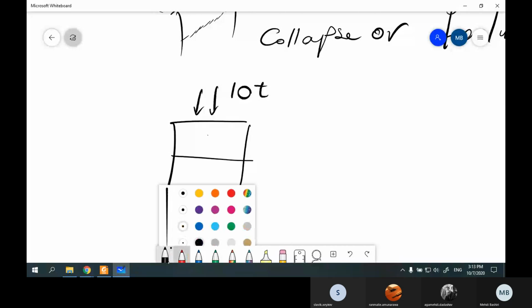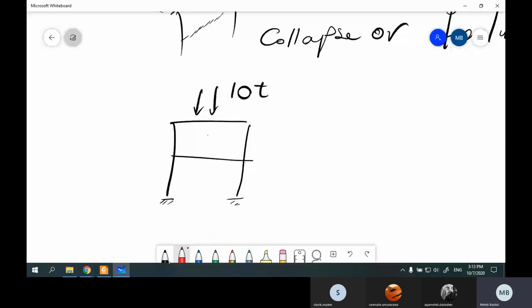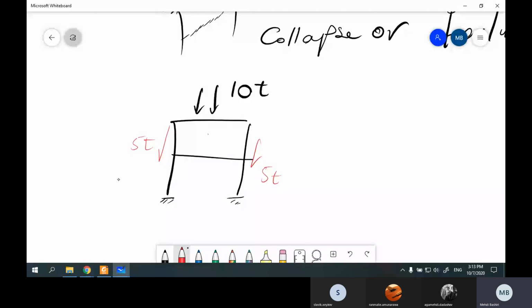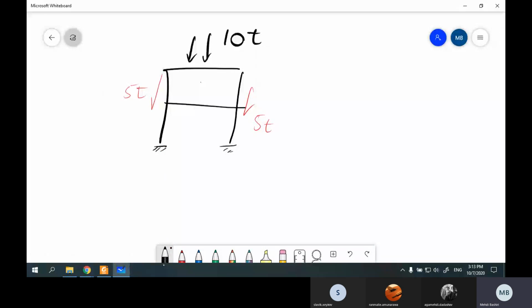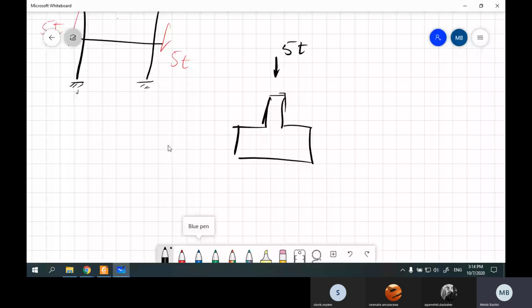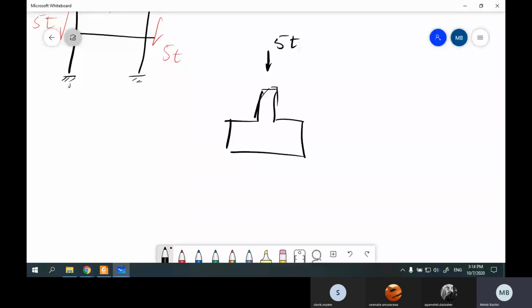So if everything is symmetric, you have 5 ton here and 5 ton here. Okay, so what would be the last force here? 5 ton. And as I said, for example, assume that we have an isolated shallow foundation. In this case, you have a load with the magnitude of 5 ton and a foundation.